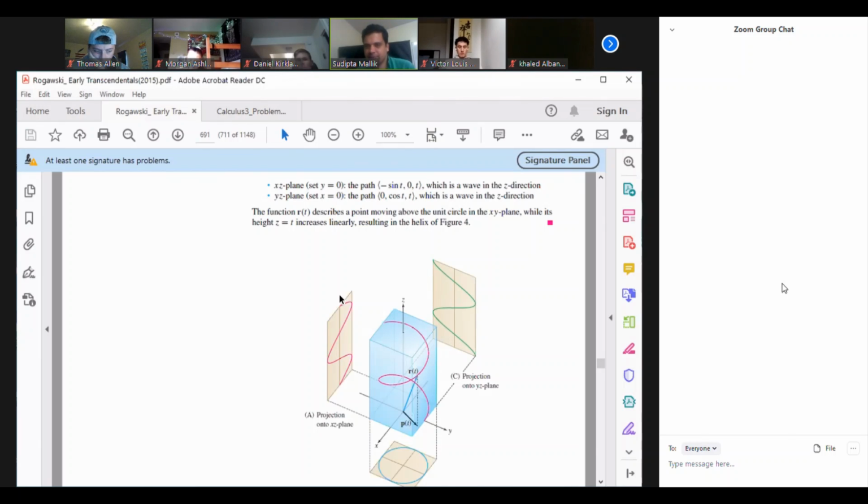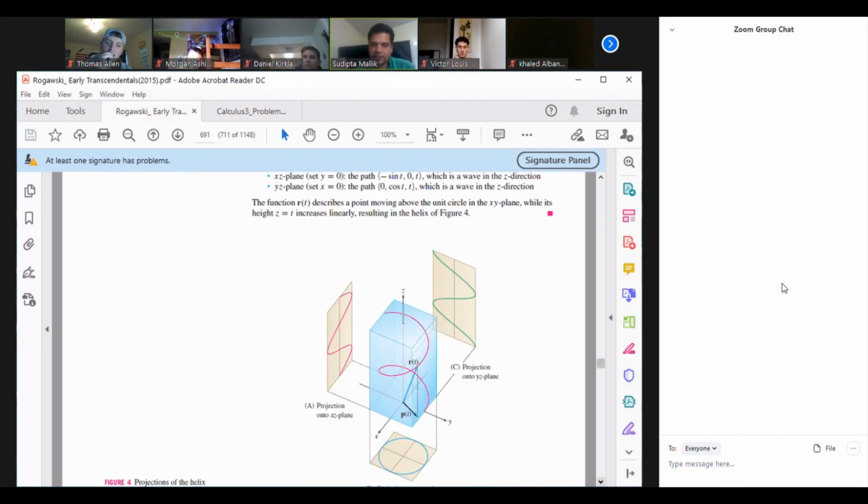This is a cosine curve on the yz plane, and this is a circle on the xy plane. That's the projection for a helix. Any question? The visualization is the important part here.